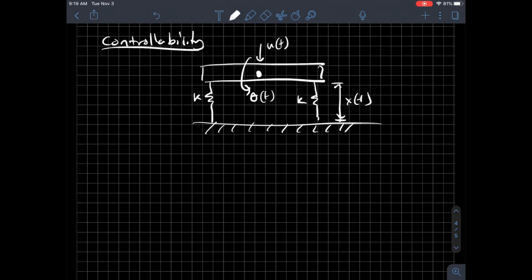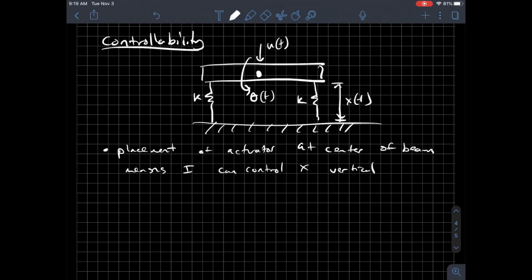So the placement of the control actuation on this system at the center of the beam means that I can control one of the two possible states, theta or x. In fact, I can control just x, the vertical displacement, but not the rotation theta.